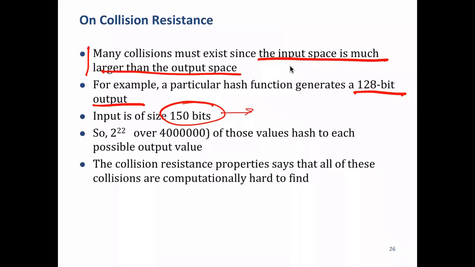Then we can see that 2 raised to the power 22, almost 4 million values from the input space, hash into each of the possible output values, although the message is only slightly longer than the hashed output.